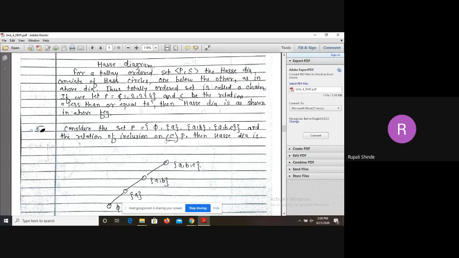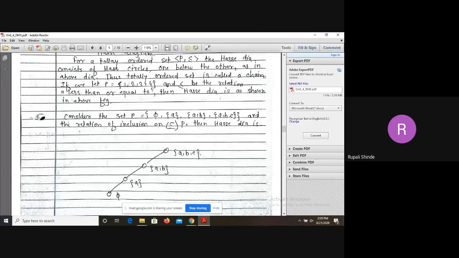Means we are going to connect these 4 elements if they are subsets of another set. First of all, it is final that we have to draw 4 circles because this set P contains 4 elements. First circle is for phi, second for set A, then set A comma B, and last for set A comma B comma C.